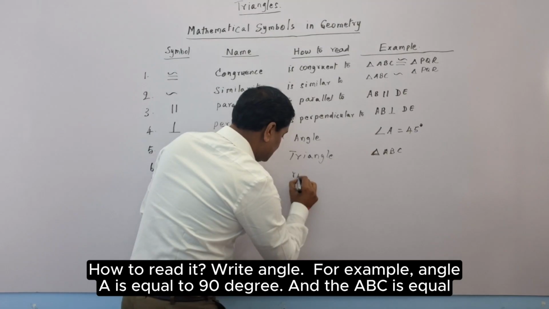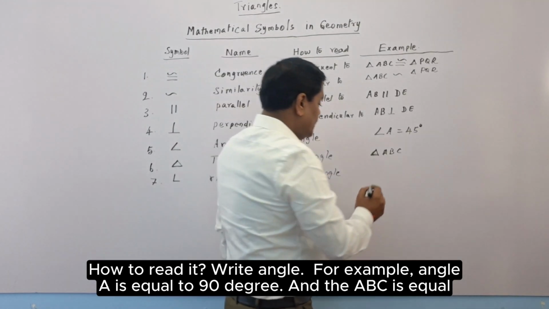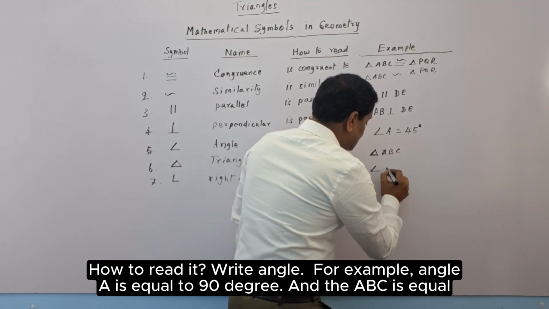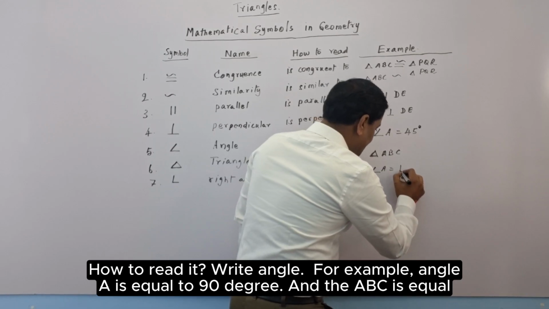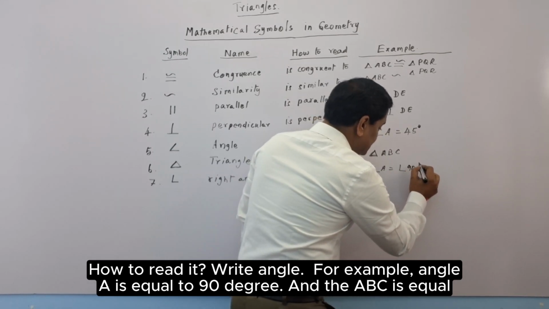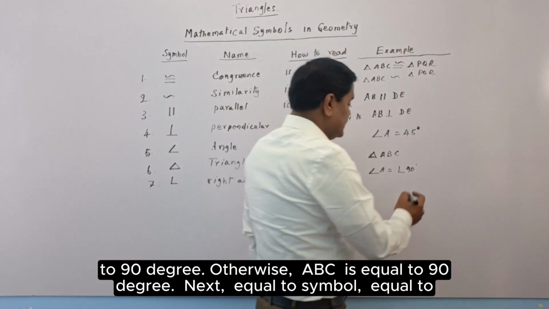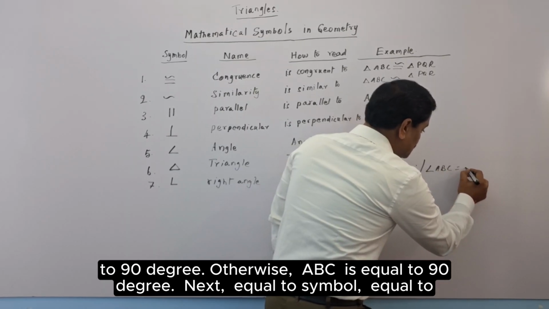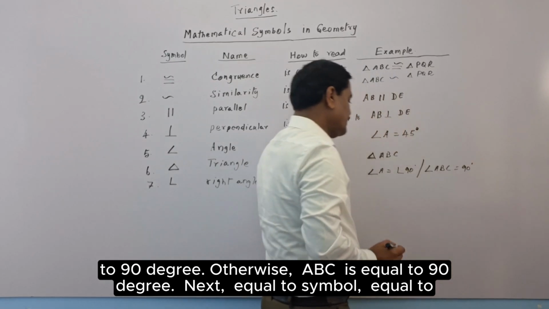Right angle. For example, angle A is equal to 90 degree. Angle ABC is equal to 90 degree. Otherwise, ABC is equal to 90 degree.